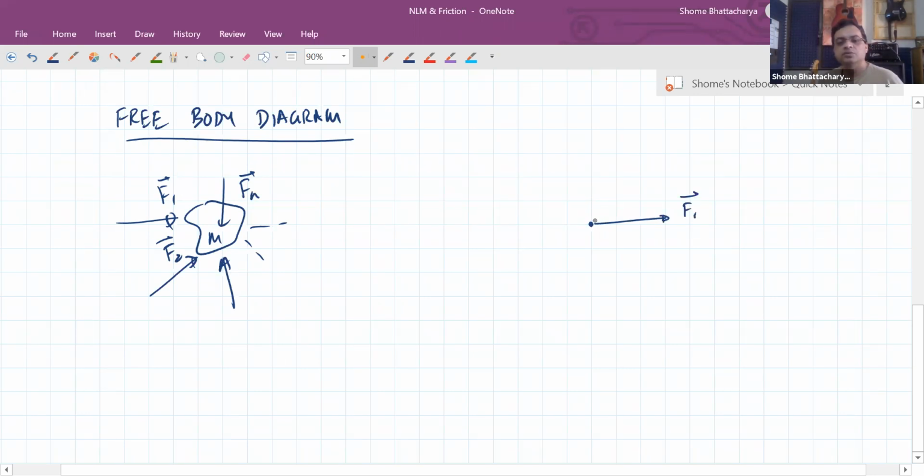Okay, so for example, these forces here will be shown like this. And then we will develop some kind of system of axes.